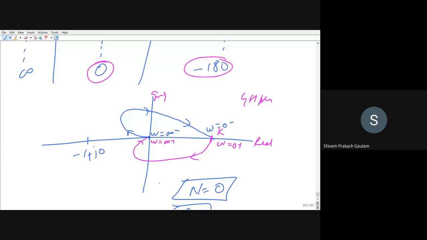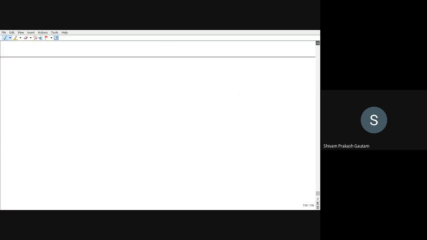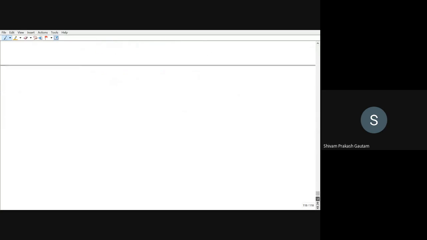So this is example number 1. We will quickly see one more example. The open loop transfer function, that is G(s)H(s), is given as (s plus 2) upon (s plus 1)(s minus 1).